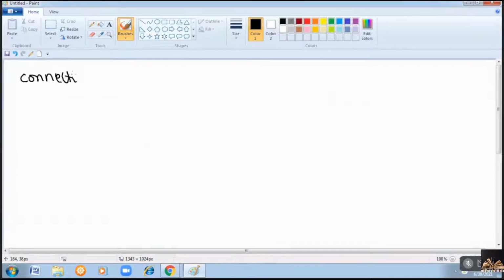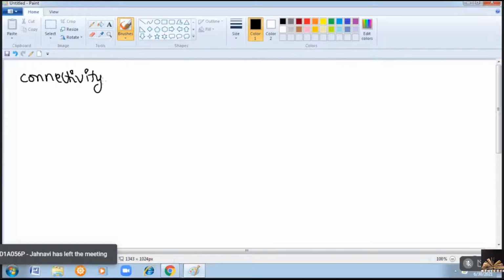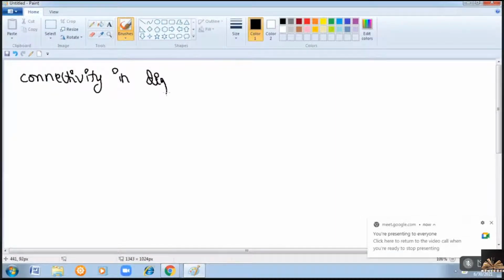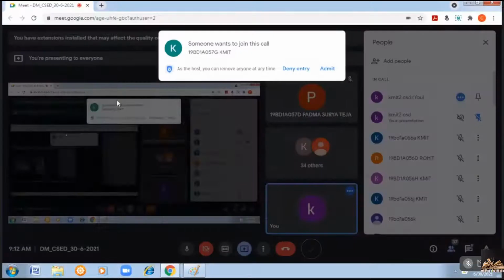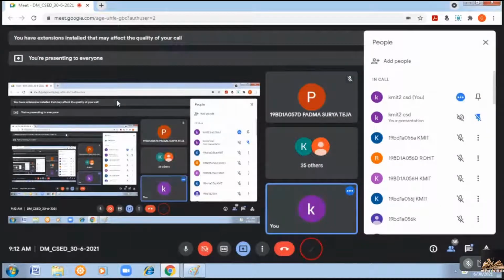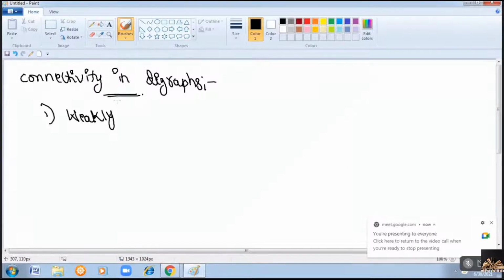Connectivity. We have three types of connectivity in directed graphs. Types of connectivity in directed graphs: first one is weakly connected, then unilaterally connected, and strongly connected.